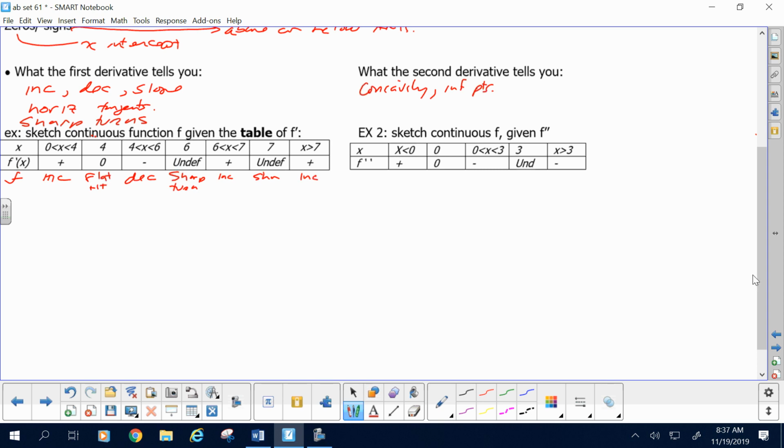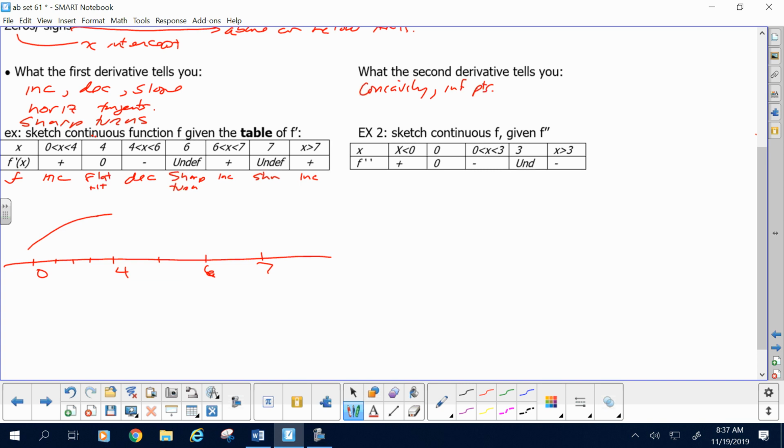So if I were to draw this, let's go increasing up from 0. Actually, I want you to draw 0, 4, 6, and 7 because those are the points they talk about. That's terrible. You get the idea. From 0 to 4, it is increasing. I don't know if it's concave up or down. Let's just go increasing.